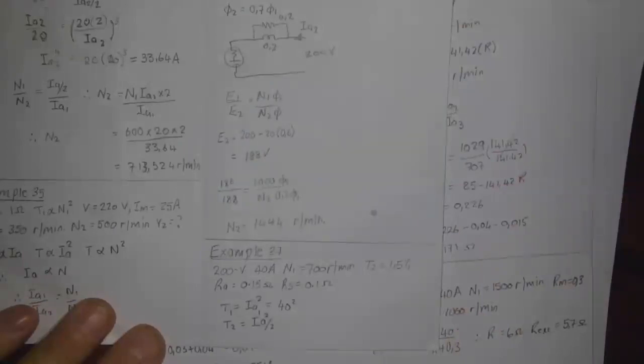And the armature resistance is 0.15 and the field resistance is 0.1. So torque directly proportional to the current. So T1 will be 40 squared and T2 is IA2 squared over 2.